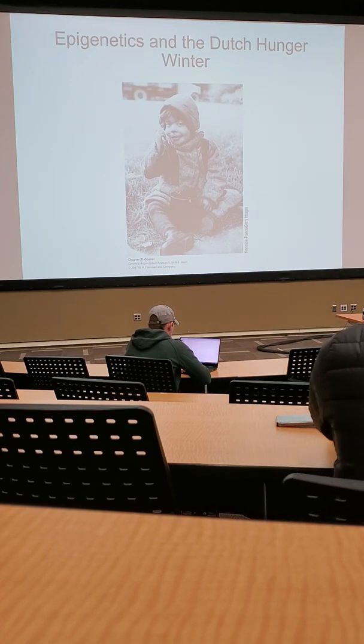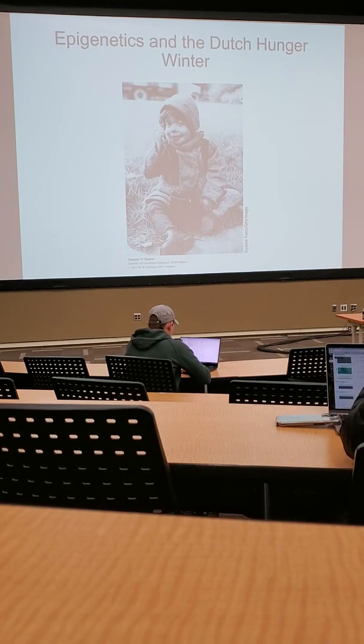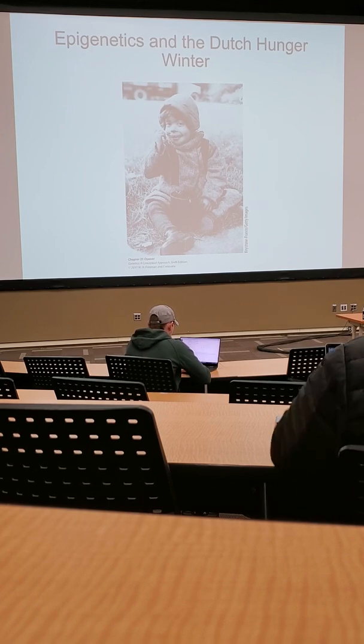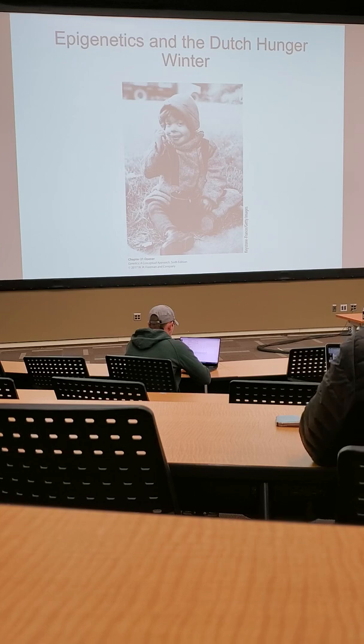Agouti was a popular case study because we know that there are epigenetic effects in humans. This is the example from your book. I don't know if any of you have seen it previously, but it's a really famous example about what happens to metabolism in subsequent generations if you stress humans through starvation. This was called the Dutch hunger winter. After World War II, there was severe famine in the Netherlands.